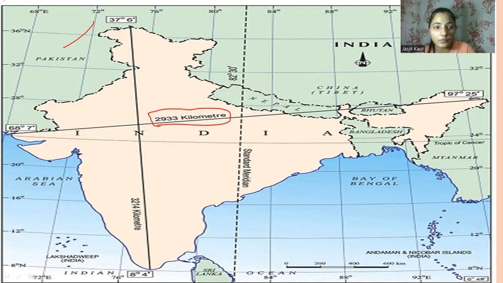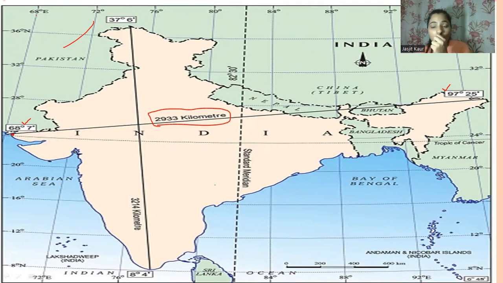Here we have 68 degree 7 minutes, and from western to eastern, we have 97 degree 25 minutes east. And then we have 37 degree 6 minutes north and 8 degree 4 minutes south. So this is the longitudinal and latitudinal extent of India.